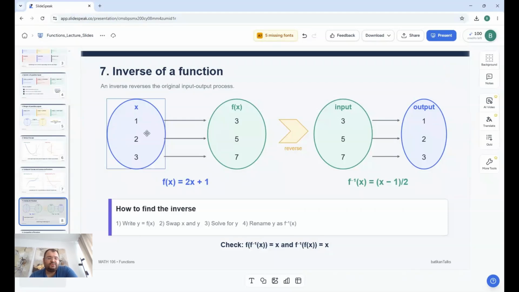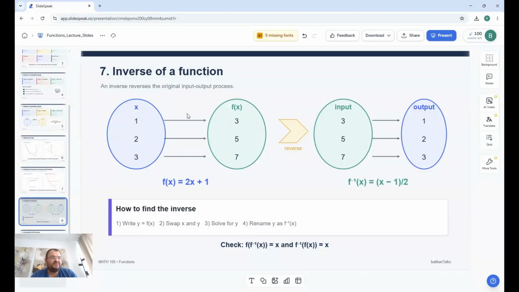Why? Assume that you have a function g(x), and this g(x) has multiple inputs mapping to the same output. When you take the inverse of g(x), you will end up with a value in the input set which maps to multiple outputs.